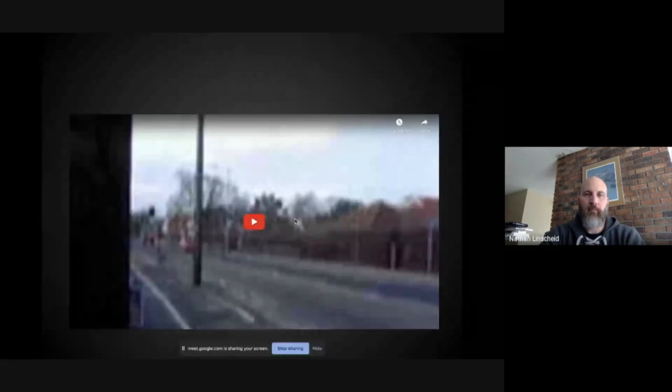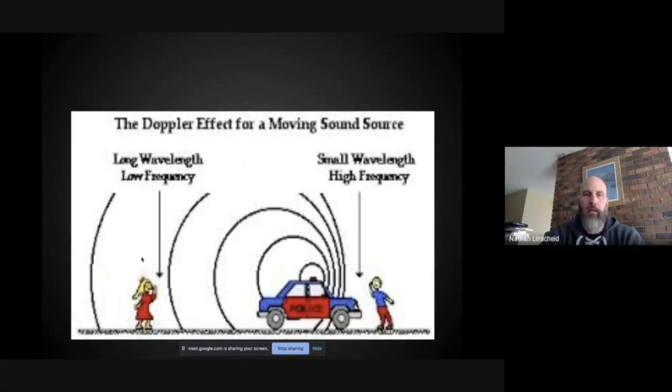Oops. All right, moving on. So here's just kind of a visual example. Here's a person, again, pretend there's a police officer inside this car. That person's going to just hear the same sound all the time. Somebody who's farther away, though, they're getting those wavelengths farther and farther apart because the source that's making it is moving away.